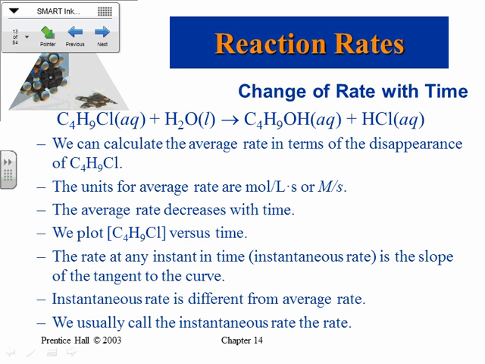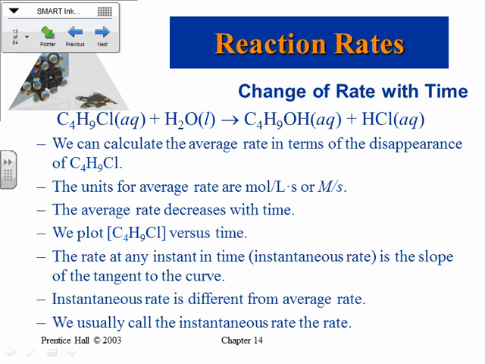Average rate decreases with time. We notice that. You can plot the C4H9Cl versus time. The rate at any instant is the slope of the tangent to the curve, so you can find an instantaneous rate if you find the slope. They're just explaining to you how, because for the rest of the problems that we do, they're typically going to give you the instantaneous rate, so they're just explaining how they find that, okay?